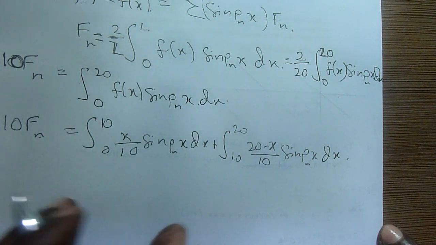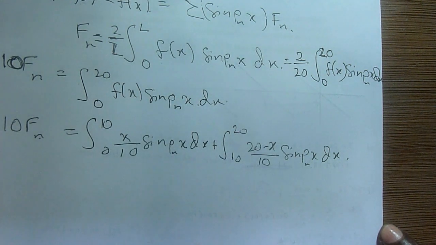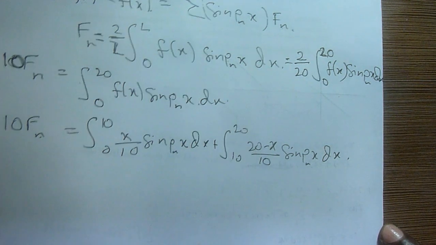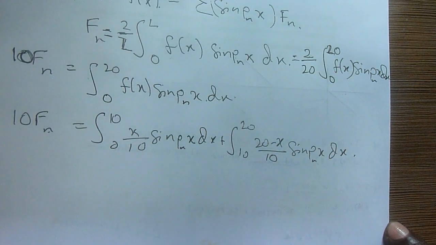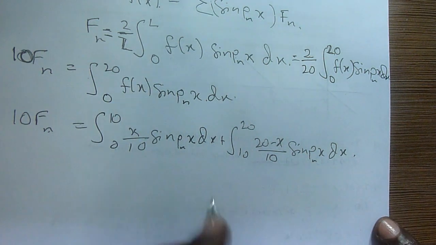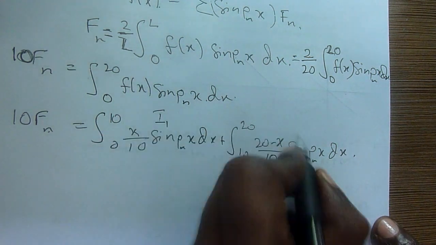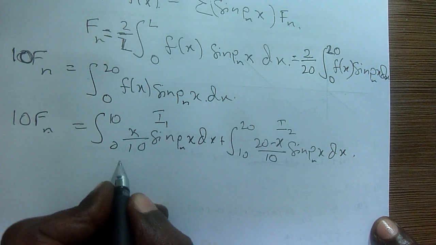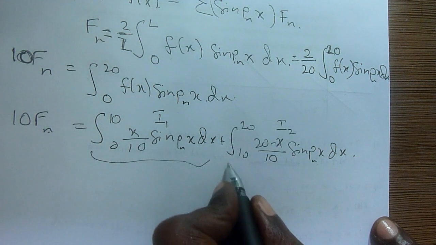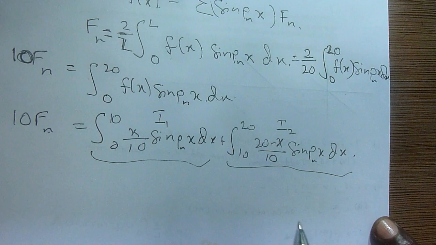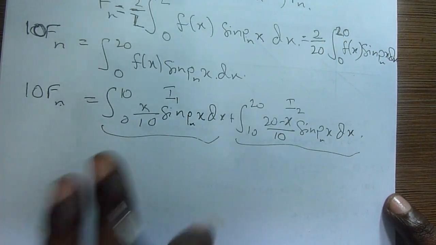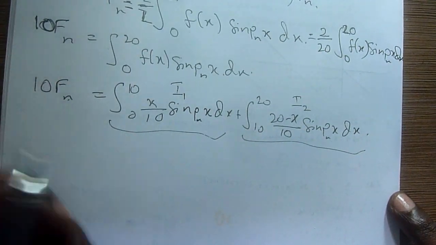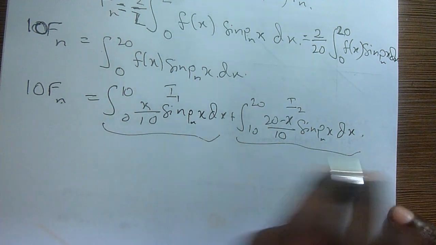In order to solve this, I recommend handling them separately. I know some of you might be very good, but I call the first whole thing I1 and this one I2. I'm going to segregate them because there is a reason. Later we combine back.